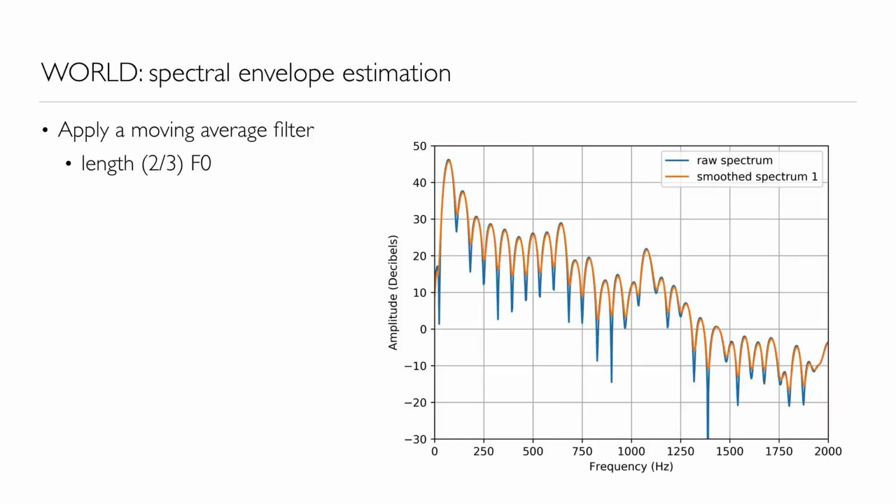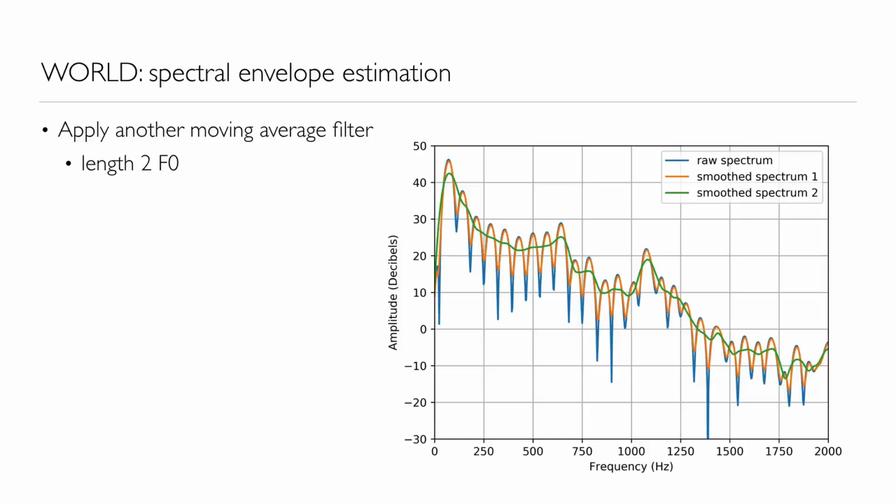So the spectrum looks more constant, more stable. And then we add another smoothing process on top of that. And now we see that the curve, the green curve, starts looking more like a spectral envelope. It's not ready yet, but it looks more like a spectral envelope.